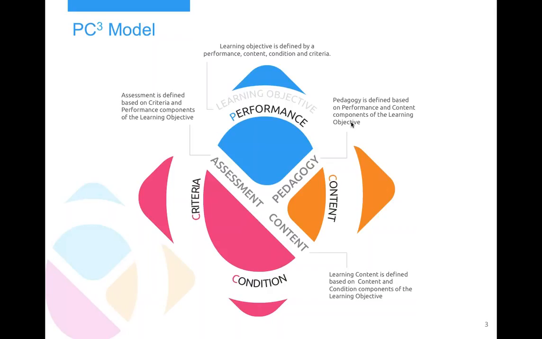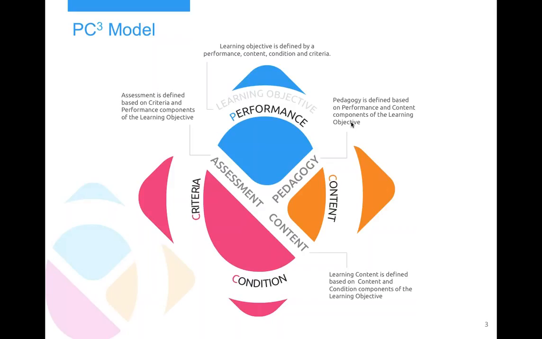So that's where performance is drawn from. Content is basically the topics that we're trying to teach for a particular learning objective. Condition is the conditions under which this learning objective is to be achieved. And criteria is basically how we are going to measure if the student has indeed attained the learning objective or not.